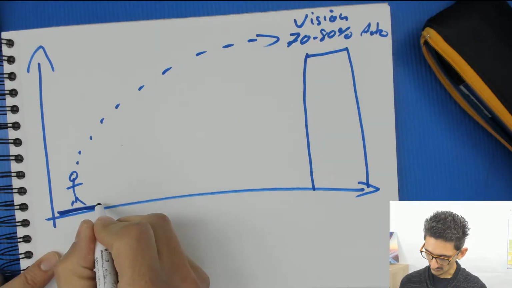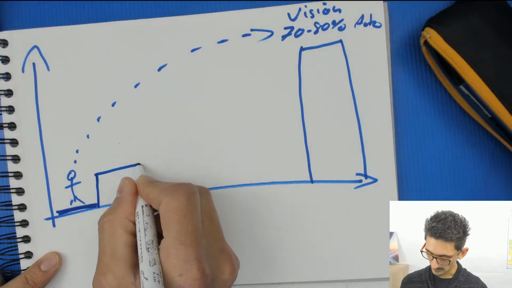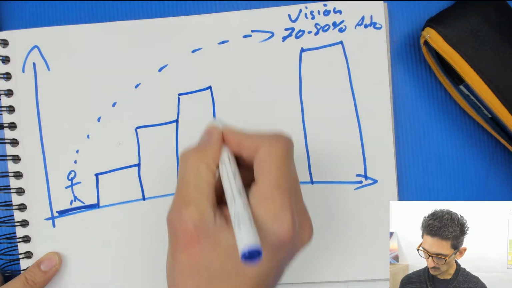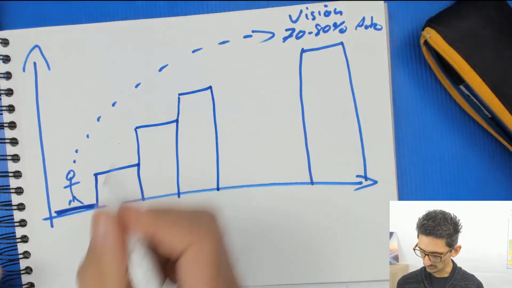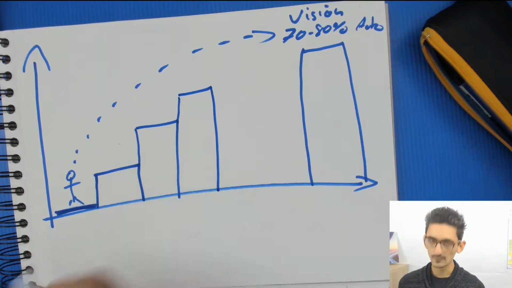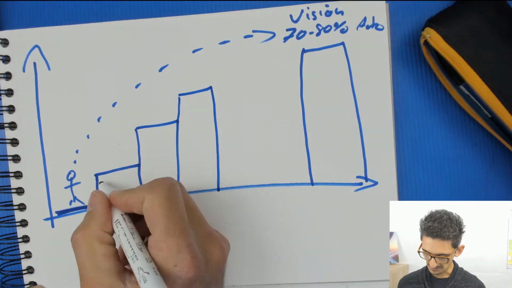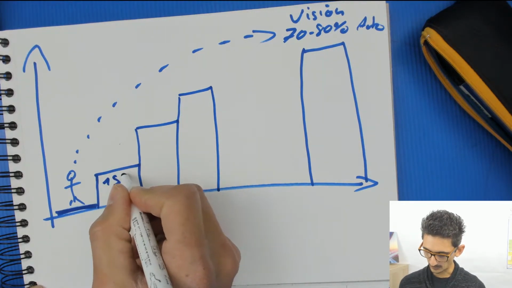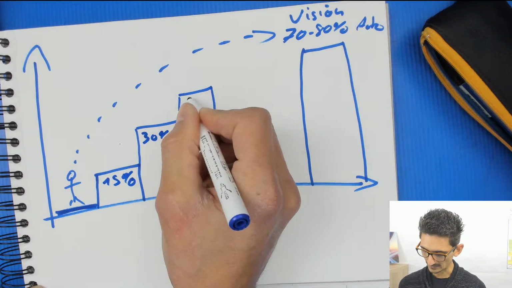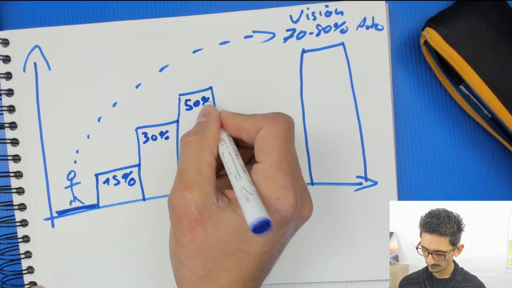And the solution is simple. It's just to create some steps towards it. To be able to provide them maybe a first small value, which is going to be automatic, maybe 10 or 15% automatic, then 30%, etc., and maybe 50%.